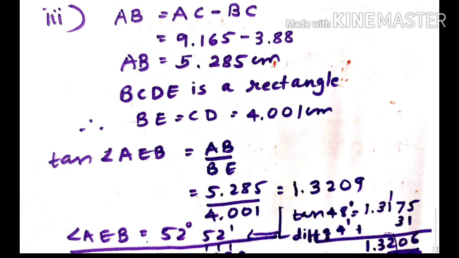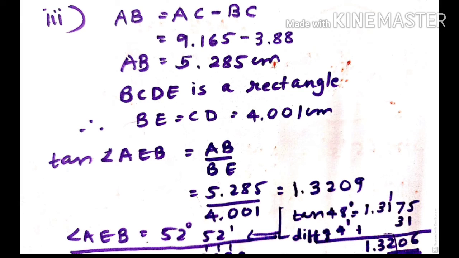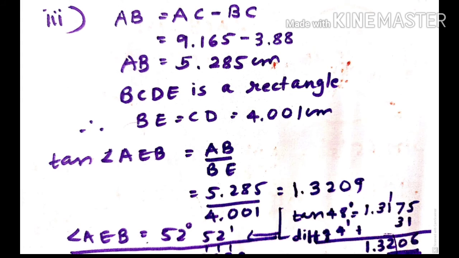Now in triangle AEB, I take tan angle AEB. So tan angle AEB: opposite to angle E is AB, and adjacent to it is BE. Tangent is always opposite upon adjacent, that is AB upon BE, and I place the value of AB, that is 5.285, and BE 4.001.